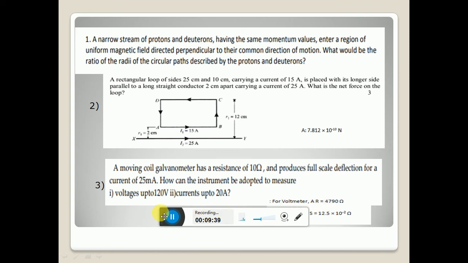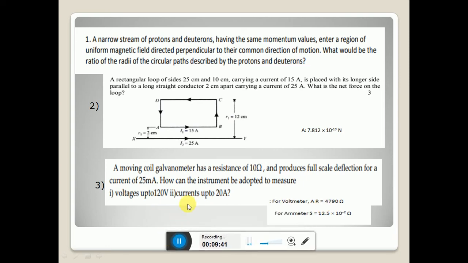The shunt resistance S is equal to Ig into G by I minus Ig. If you use that equation, you will get the shunt required to connect in parallel to the galvanometer to convert it into an ammeter, which will be 12.5 into 10 power minus 2 ohms. So try to do it and check with the answers given here.